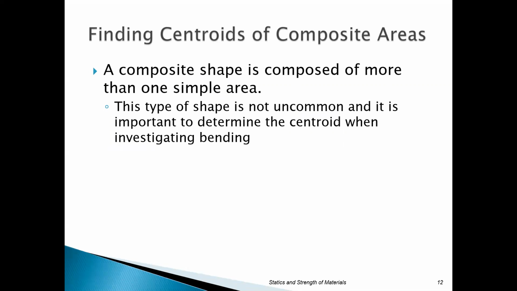Composite shapes are more common than just the simple shapes, so it's important to determine those. We have two types of composite shapes: simple figure composite shapes and manufactured composite shapes. In particular, when we get into bending in chapter 12, this becomes a lot more important.